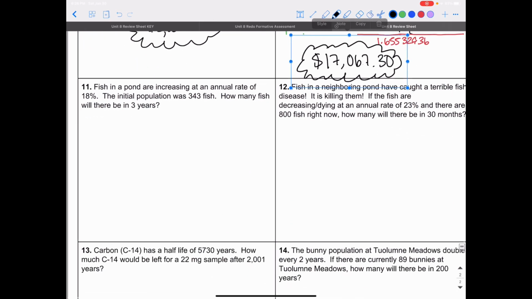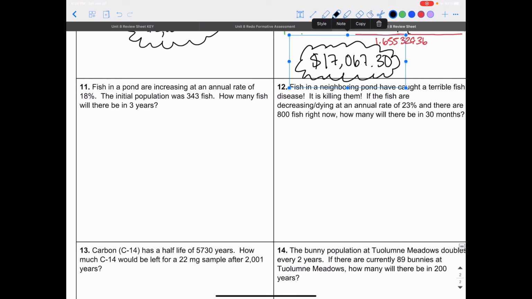All right, number 11. I have fish in a pond increasing at an annual rate of 18%. The initial population was 343 fish. How many fish will there be in 3 years? There is no word compounded here, so I'm using y is equal to a times b to the x power. I need to find my initial amount and my growth rate.